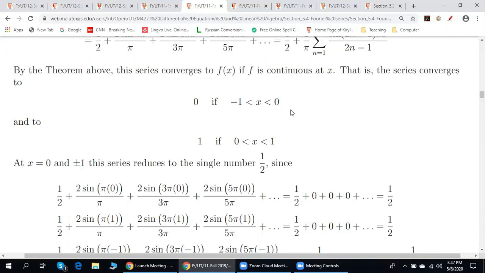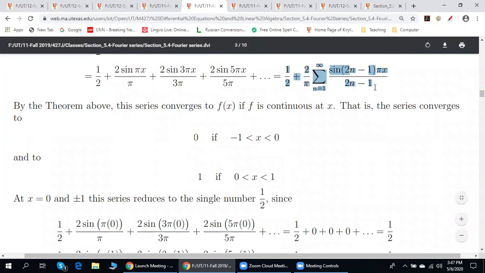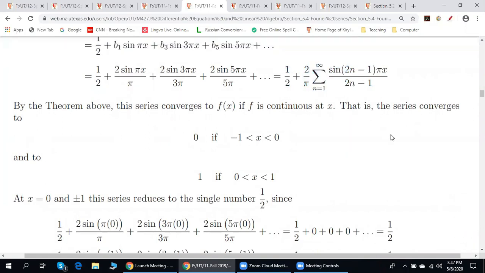Other questions? I'm still confused about what the Fourier series tells us about f. Like, what is their relationship to each other? Once again, in simple words, this is equal to f of x if x is not one of the endpoints and f is continuous at x. Okay, that makes sense.